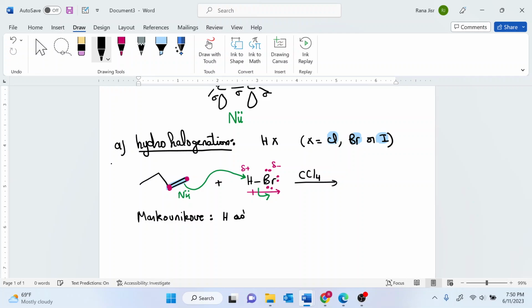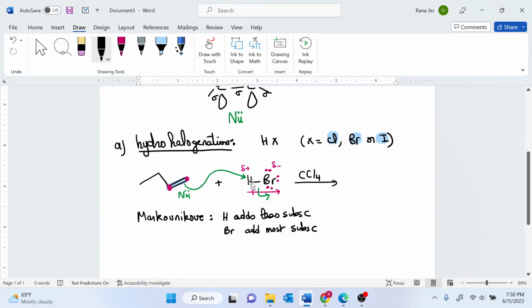So hydrogen adds to the less substituted carbon, and the bromine is going to add to the most substituted carbon. Always you start your addition with the hydrogen in this case, because your hydrogen is the electrophile. Always your addition starts with the electrophile. Hydrogen is the electrophile.